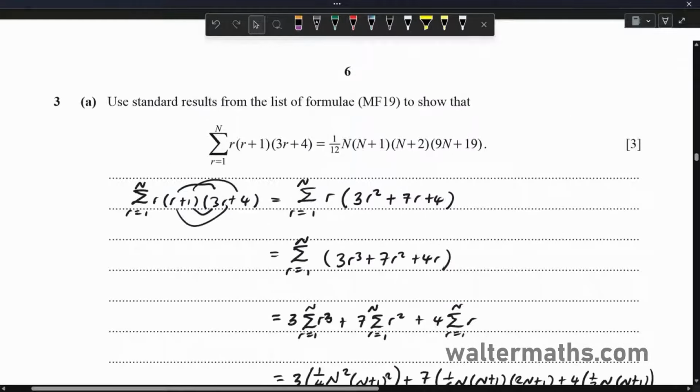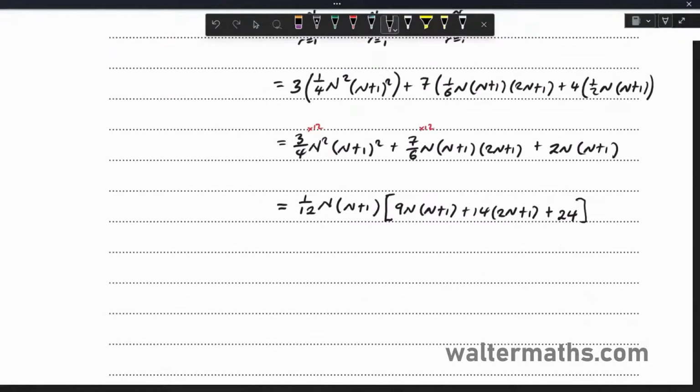So let's carry on. From here we're going to say a 12th of n plus 1 of, now simplifying, for the square terms we have 9n squared. For the terms in n, we have 9n plus 28n. Now 9 plus 28 is 37, so it's plus 37n.